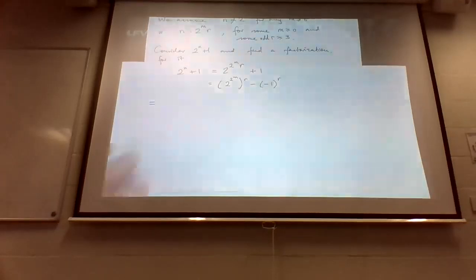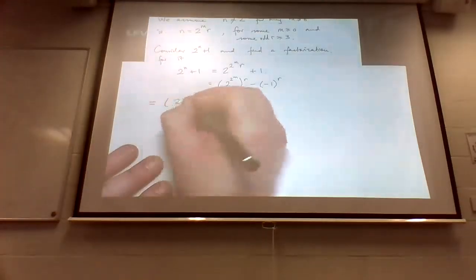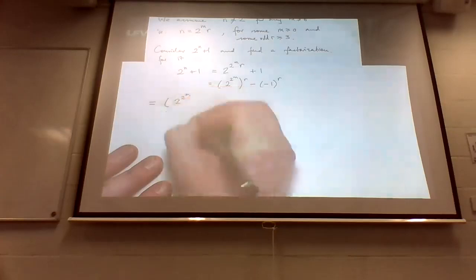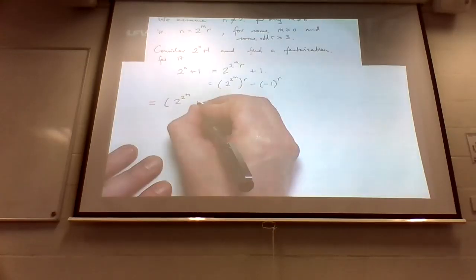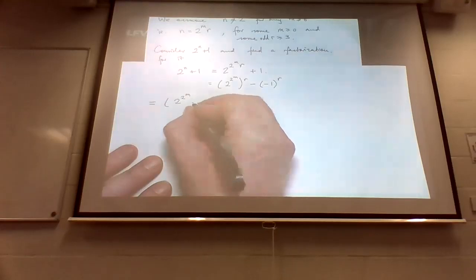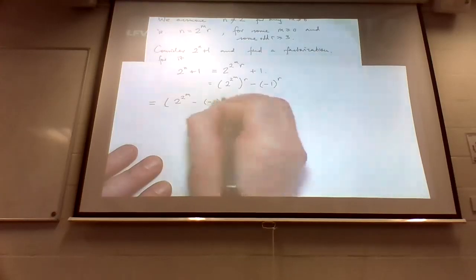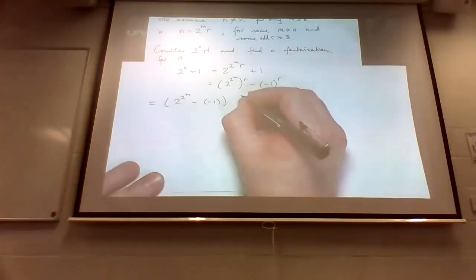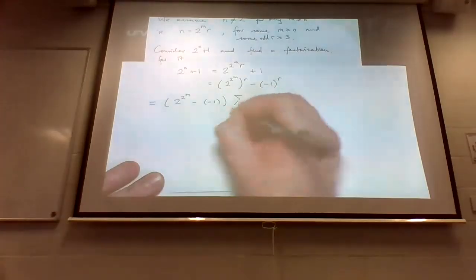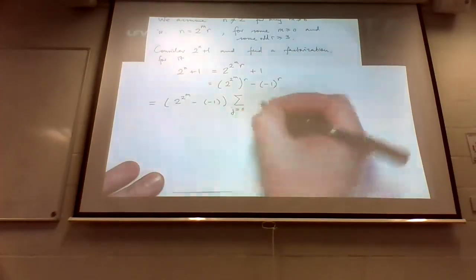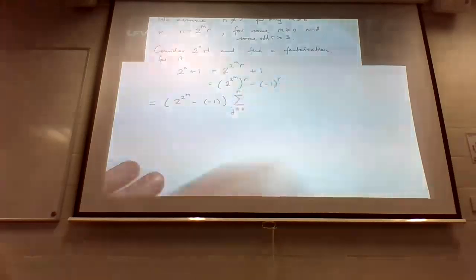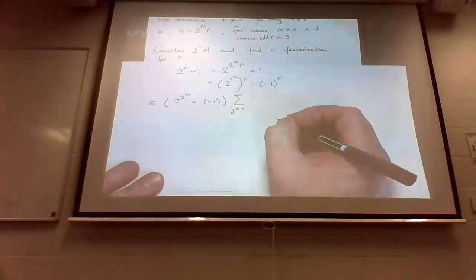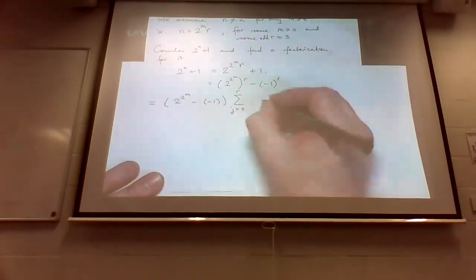That can be written as 2 to the 2 to the n minus 1, times a sum, which is going to go from j from 0 to r. And what's it going to be?